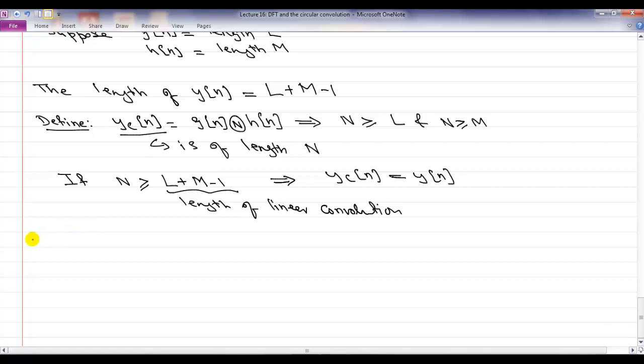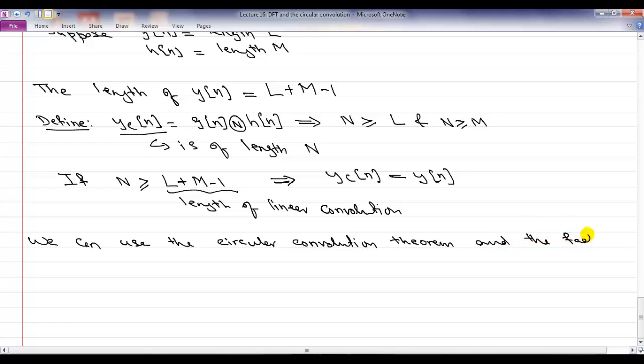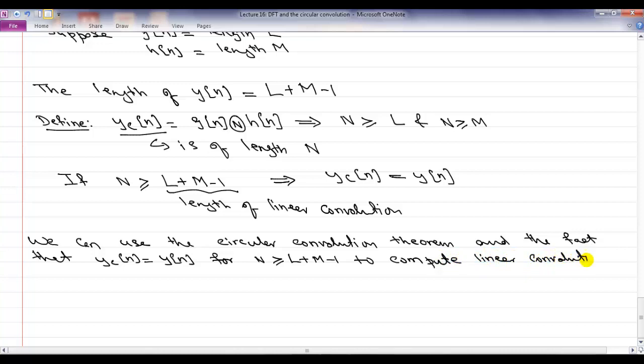So we can now finish the main message of today's lecture, which is that we can use the circular convolution theorem and the fact that the circular convolution Ycn equals Yn, the linear convolution, for n greater than or equal to L plus m minus 1, which is the length of the linear convolution, to compute linear convolution via the DFT.